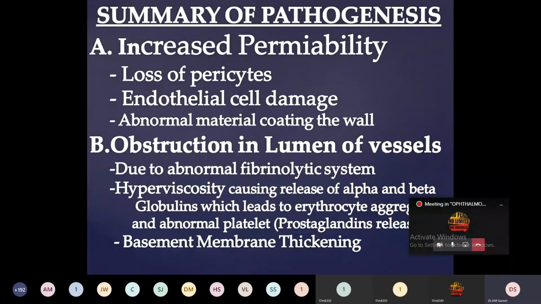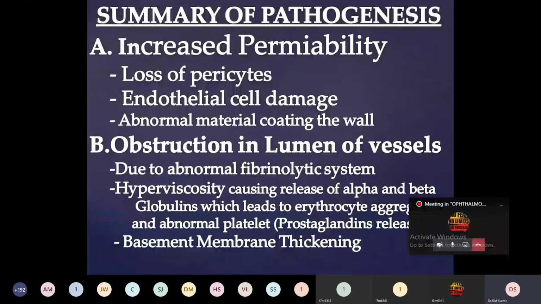There will be hyperviscosity in the blood causing release of alpha and beta globulins, which leads to erythrocyte aggregation and platelet aggregation also. In fact, in diabetic people, platelets release some prostaglandins which cause abnormal aggregation of the platelets, and basement membrane thickening is one of the other causes for obstruction.